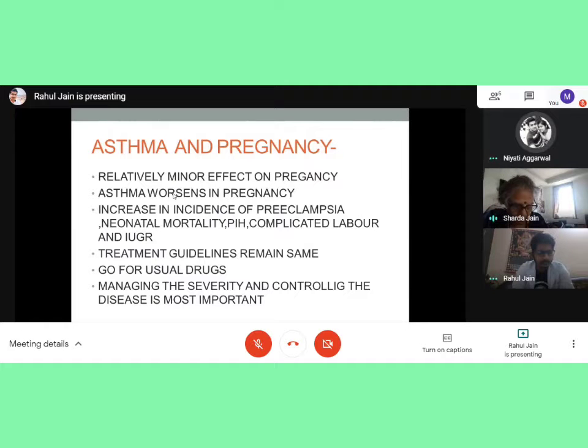I think it was very rightly said that asthma gets aggravated during pregnancy. There are many factors to it. You told that the vital capacity of the lungs decreases with increasing pregnancy. But these days people are very apprehensive. They live in nuclear families, there's nobody to guide them, and consulting a doctor every day becomes difficult.